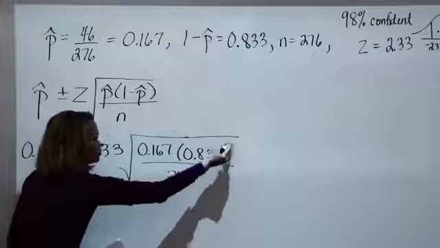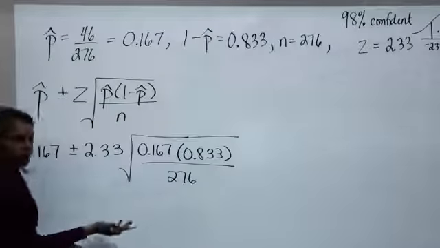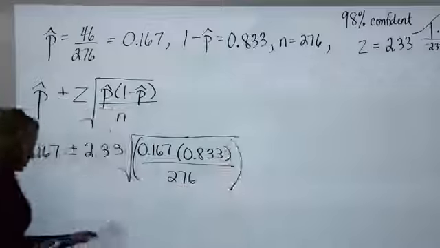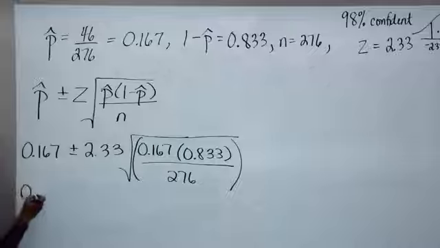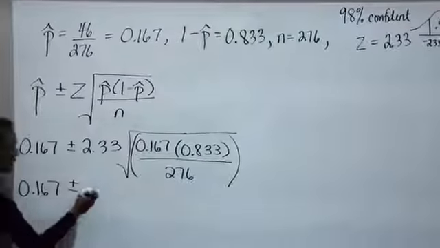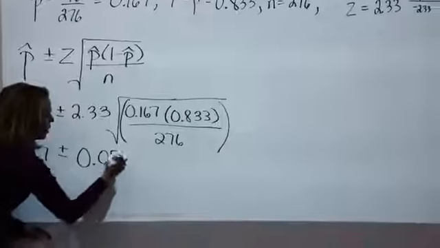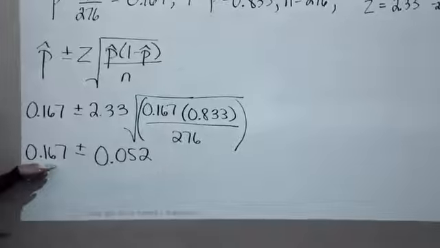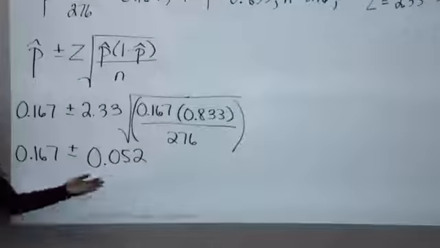Again, let's compute this margin of error part first. Plug that in your calculator. Make sure you're taking the square root of all of this over here. And for the margin of error, you want to get about 0.052. And then we'll take our sample proportion, we'll subtract off the margin of error.